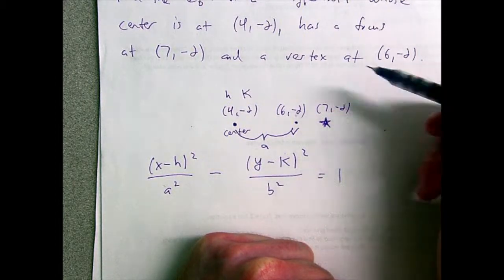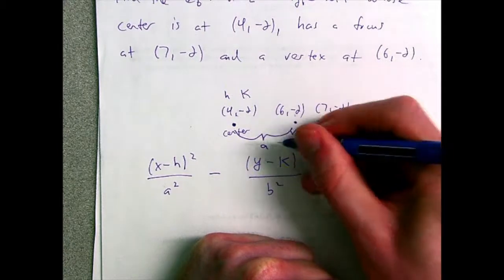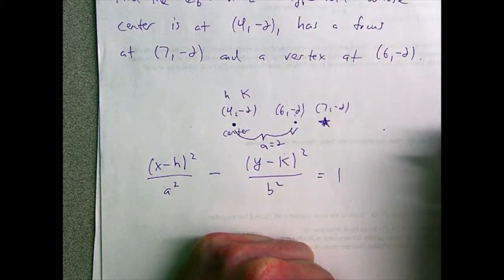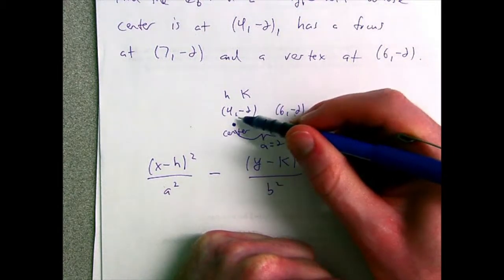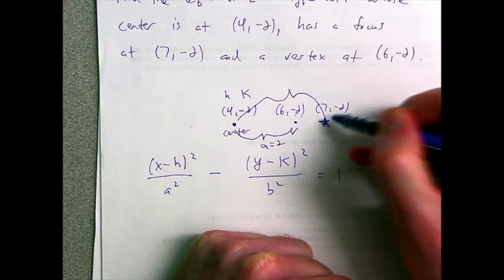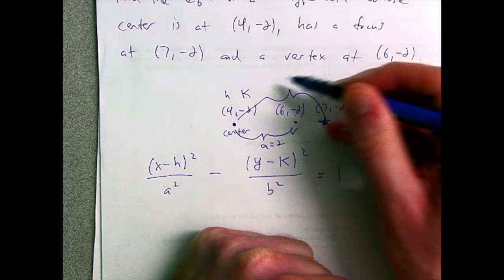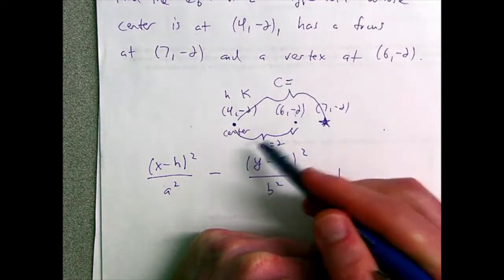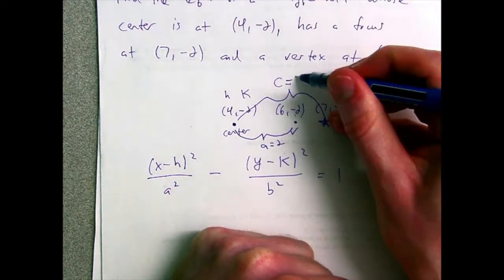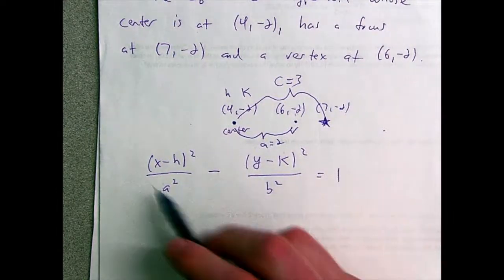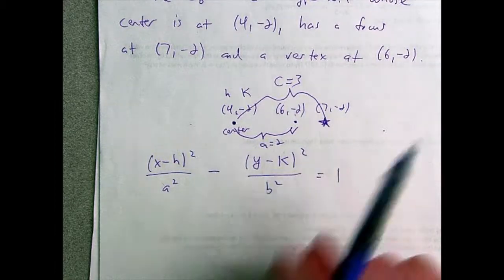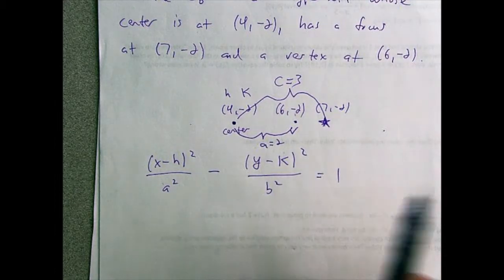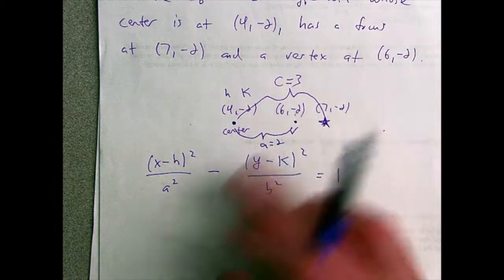Going from 4 to 6, a must be 2. We know the distance from the center to this focus gives you c. c apparently is 3, from 4 to 7. Now, if you're looking at this equation, we have everything we need except for b. We have h, k, a, and c.